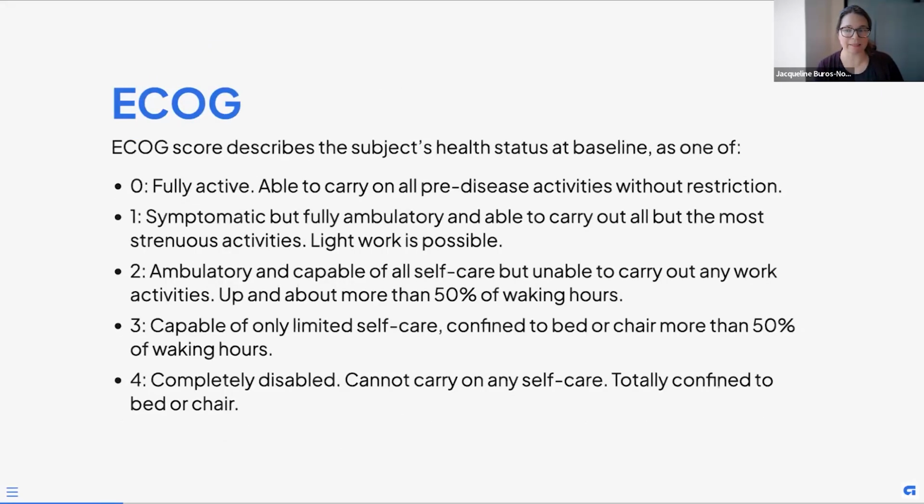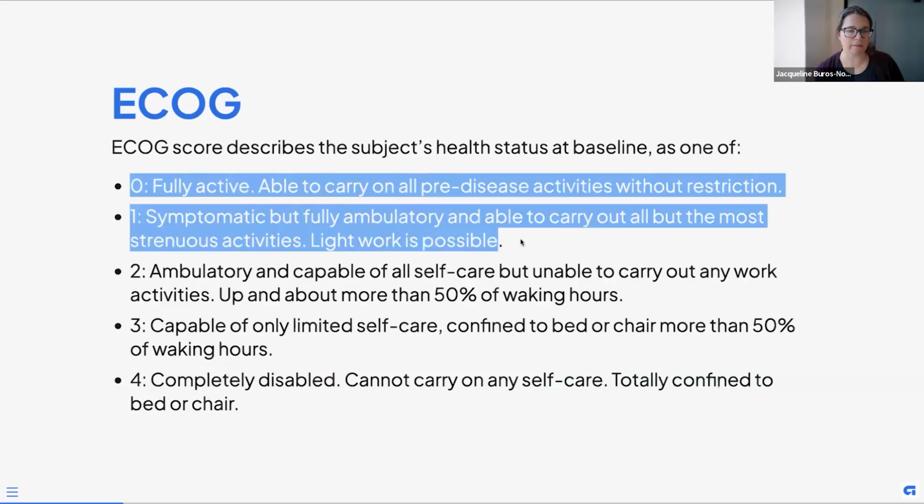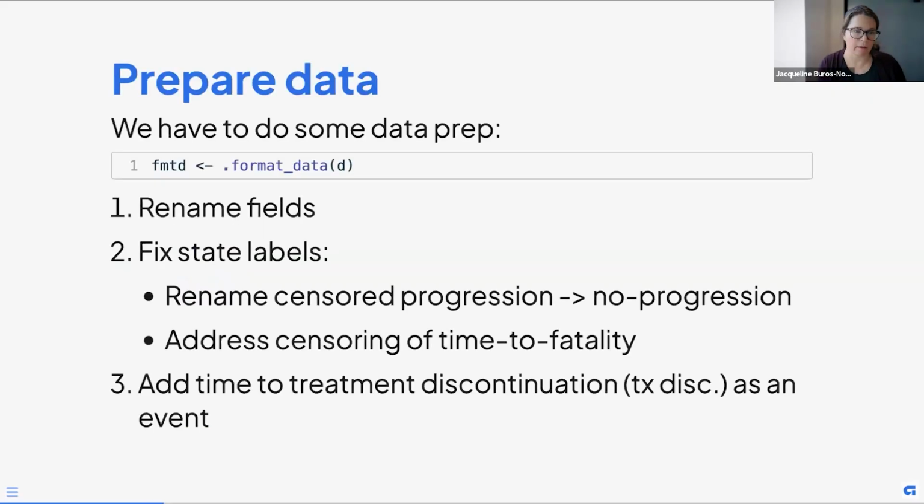So as an aside, ECOG is a score that describes the subject's health status. Higher values are much worse. This is a standard way that oncology data patients are rated in terms of severity. Most trials are limited to lower ECOG levels. This trial includes patients all the way up to ECOG of 3.